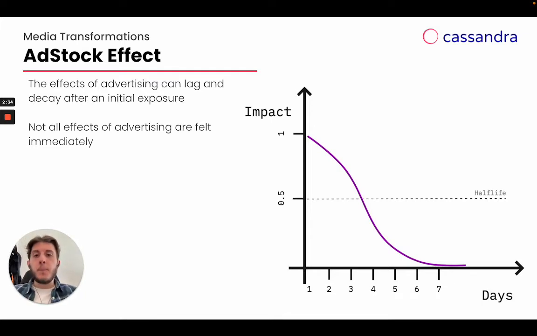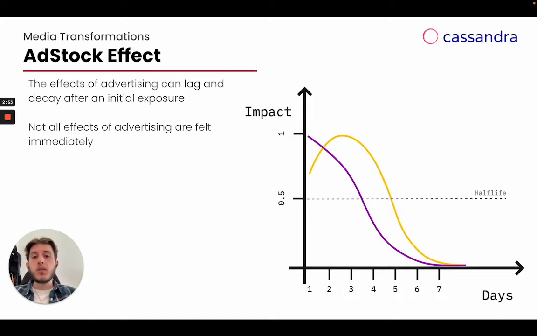However, this is not the only way this could work, because you may not have the full impact on day one. You may have like 60-70% of the impact on day one, and then you will have a peak 2 or 3 days after, because maybe you have a high ticket product that you are selling.